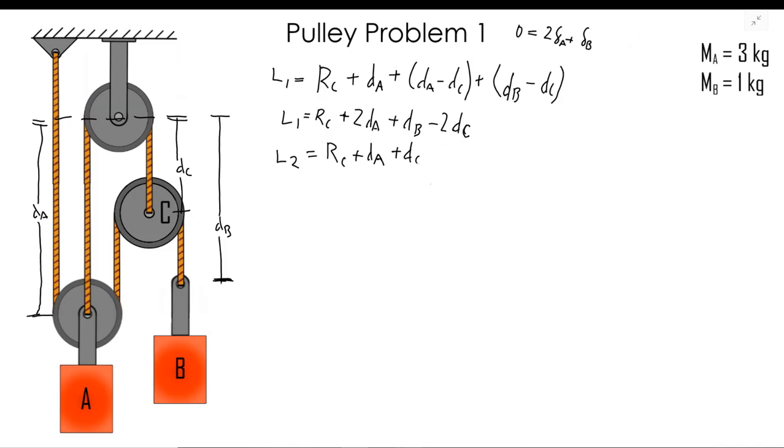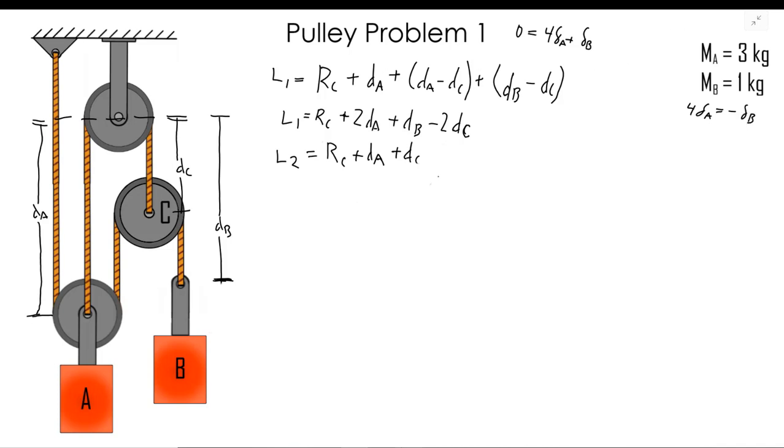So we're going to erase that and change this to a 4. So we got 4 delta A plus delta B in the end. So really that just translates to 4 delta A equals negative delta B.